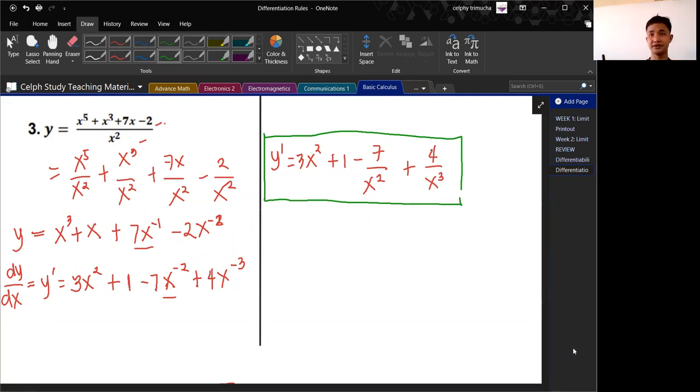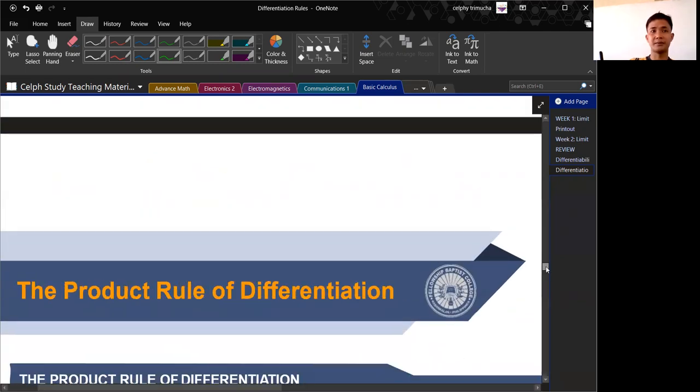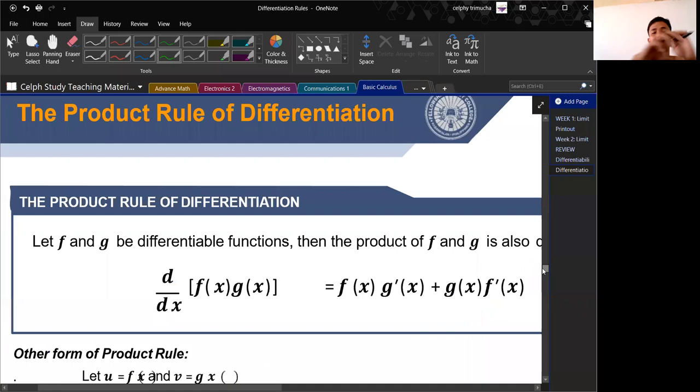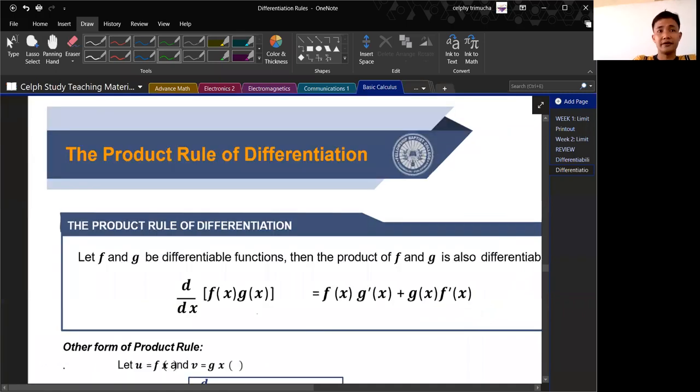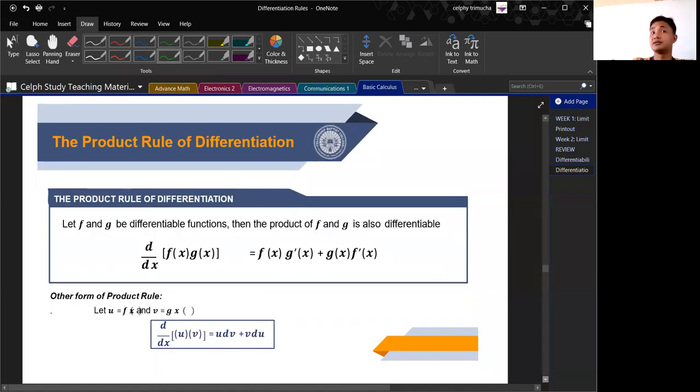Okay, so final answer. So let's proceed sa another rule na kinahanglan natin mabalaan, which is the product rule of differentiation. So for product rule of differentiation, stated lang man sa sining rule is that you have two equations nga gin-multiply mo siya and then kuha mo ang derivative. So you have function of x, you have g of x, and then kuha mo ang derivative.